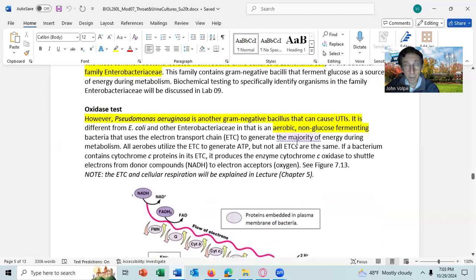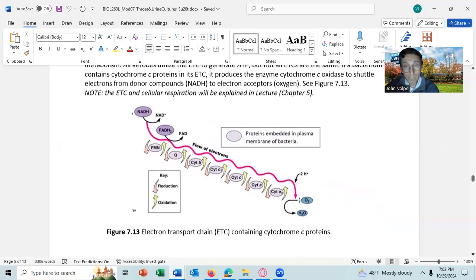They are facultative anaerobes, so they're not strictly aerobic, and they are all cytochrome oxidase negative. So the Pseudomonaceae are cytochrome oxidase positive, and the Enterobacteriaceae are cytochrome oxidase negative.